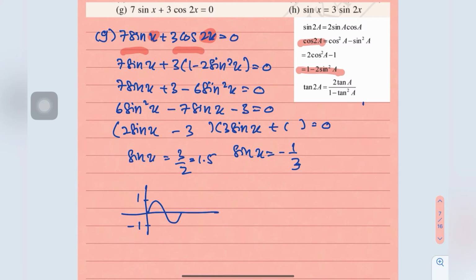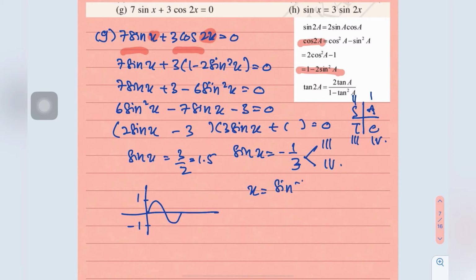For sin x equals negative 1 over 3, we can solve using ASTC: quadrant 1, quadrant 2, quadrant 3, quadrant 4. Sine is negative in quadrant 3 and quadrant 4. So x equals shift sin 1 over 3, which is 19.47. In quadrant 3, 180 plus theta, which is 199.47.